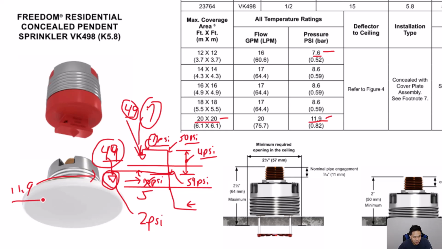So if we need 11.9, then this sprinkler head here would be 11.9 as well, which then would be more than the minimum required for this sprinkler head, which is 7.6. So in that case, this one would be the most hydraulically demanding sprinkler head.